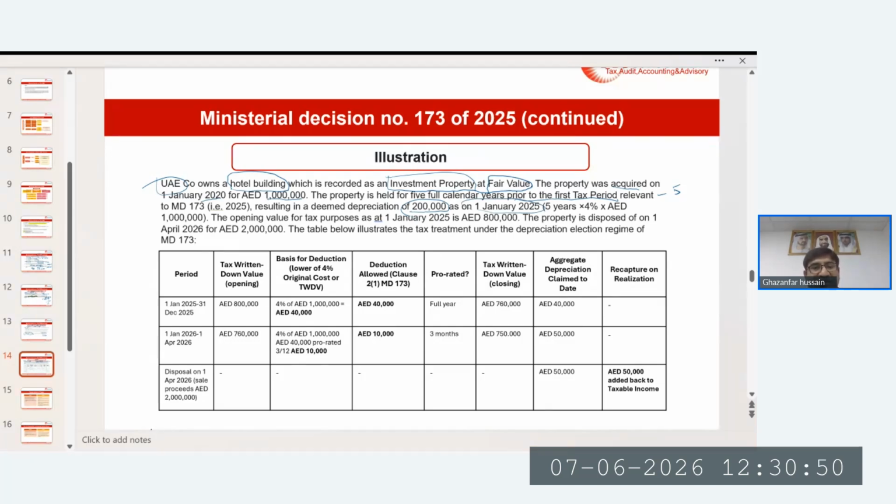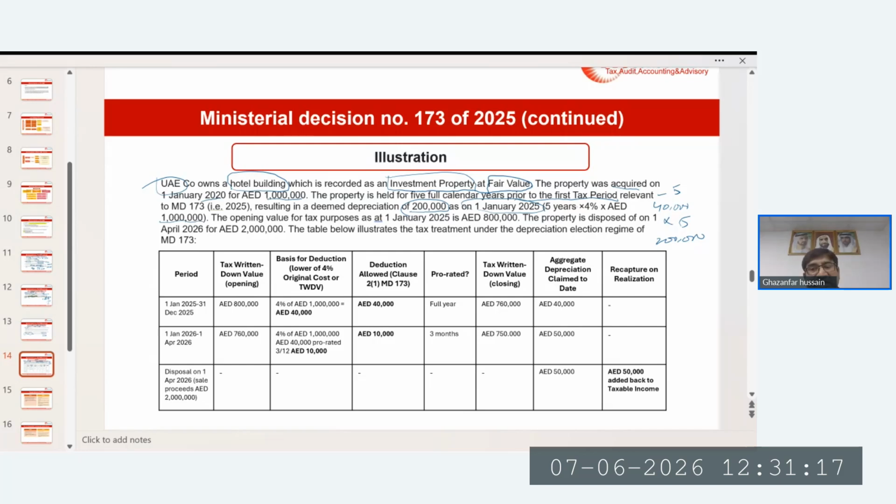The 4% of 1 million comes to 40,000. Multiplied by 5, it becomes 200,000. This is the depreciation before the first tax period.